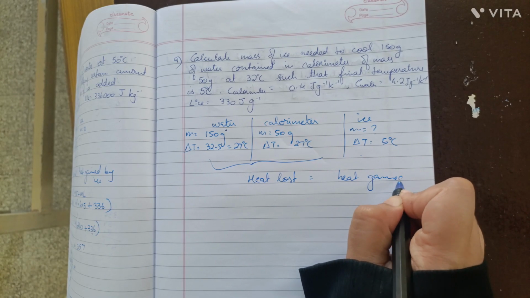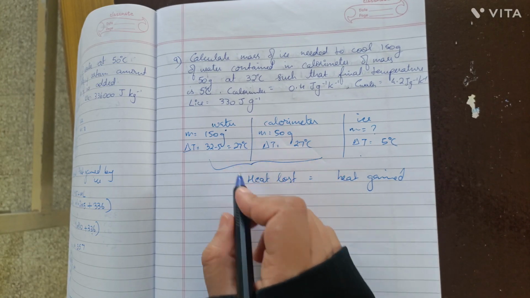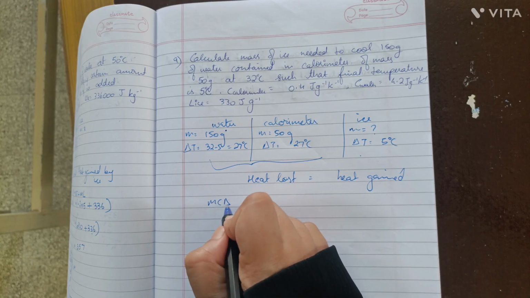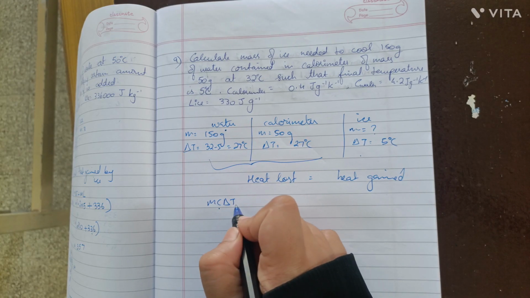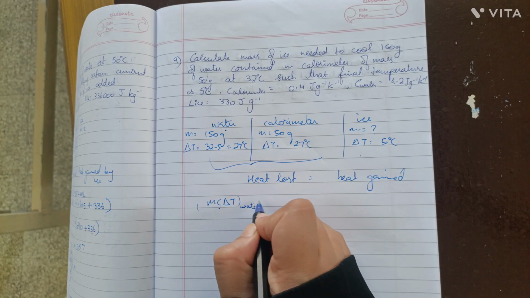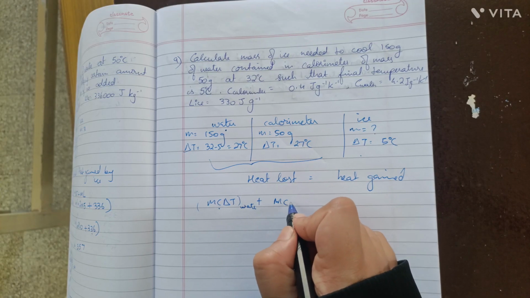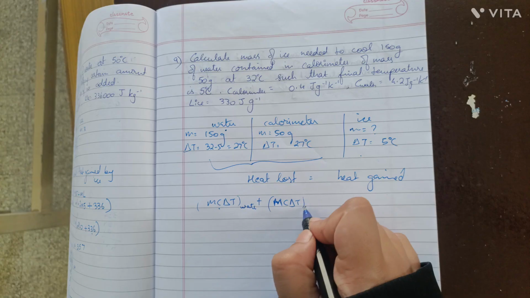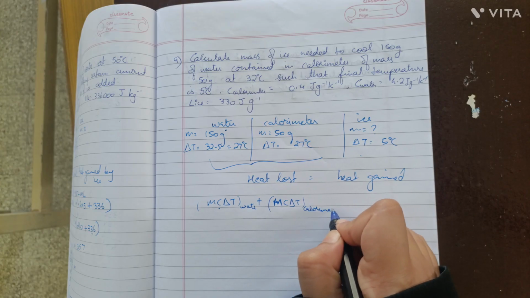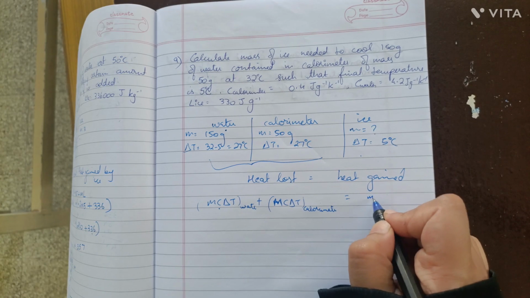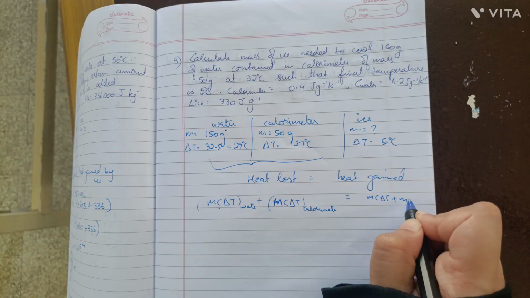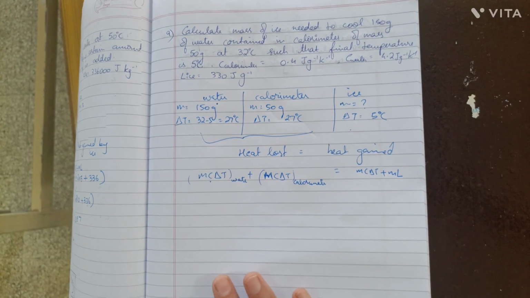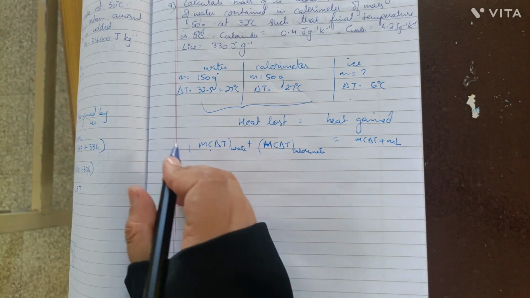So heat lost is equal to heat gained by ice. Heat lost is by both water and calorimeter. So MC delta T of water plus MC delta T of the calorimeter is equal to MC delta T plus mL of ice.